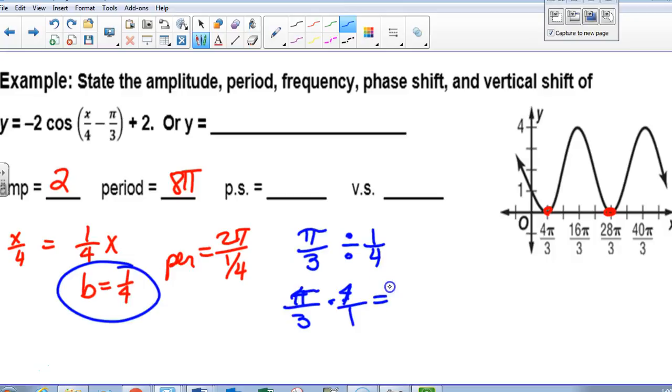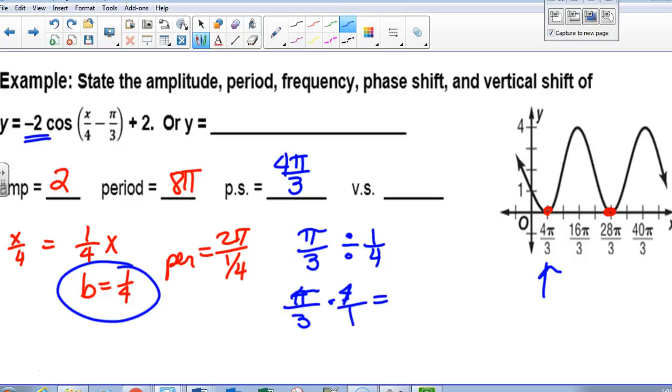Yeah. Boy, I wrote that really messy. Sorry. Thanks. Do you see that it starts here at 4 pi over 3? Now, starts is kind of a weird word, it doesn't start or stop. But the other issue is it's a negative cosine, so it should be going minimum to minimum, right? Okay, so that's why its minimum is at 4 pi over 3.